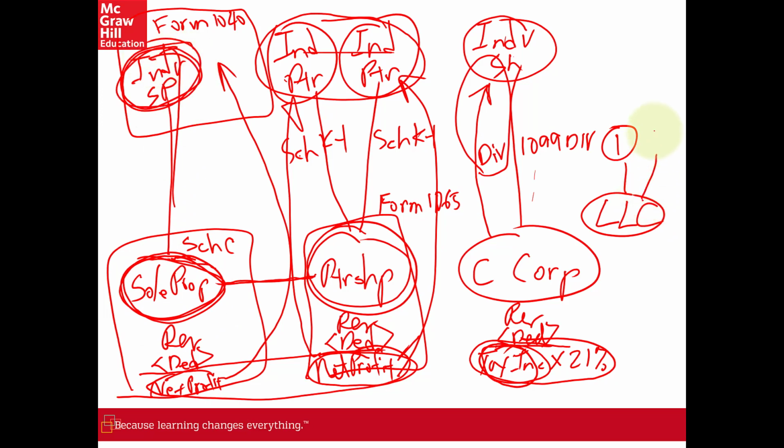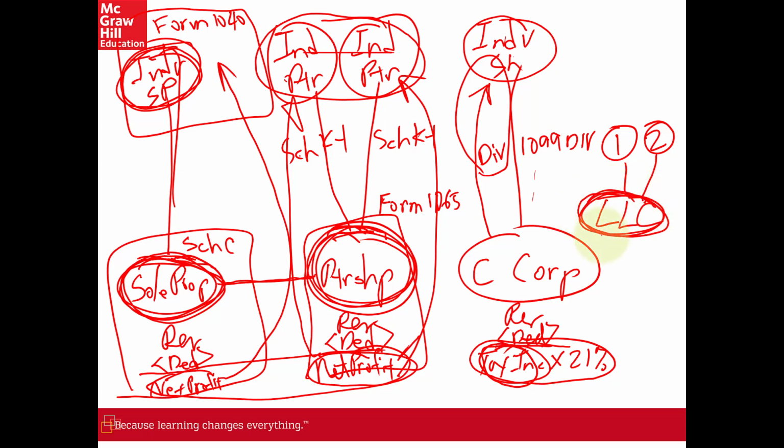If you have two or more owners, then that limited liability company is treated by default as a partnership. Okay, and you follow the same rules, sole proprietorship for one owner and partnership for two or more owners, when you're a limited liability company.